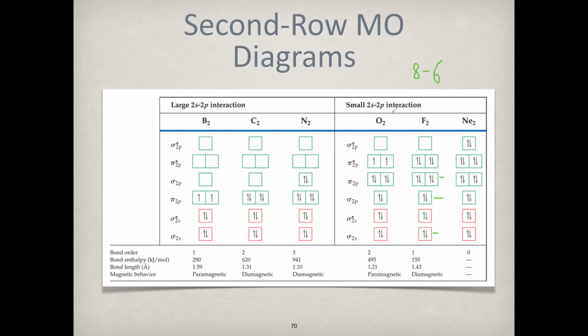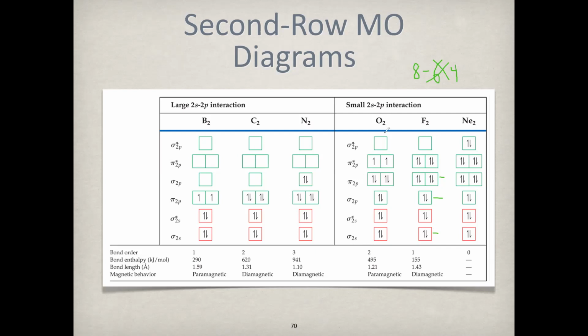Continue even further, oxygen lost 2 more anti-bonding electrons. So it only has 4. Again, you can just see the difference here. It's not doubly occupied in the anti-bonding for the pi 2p. So because that 8 minus 4 gives us 4, but take half of it gives us 2. That's our bond order.